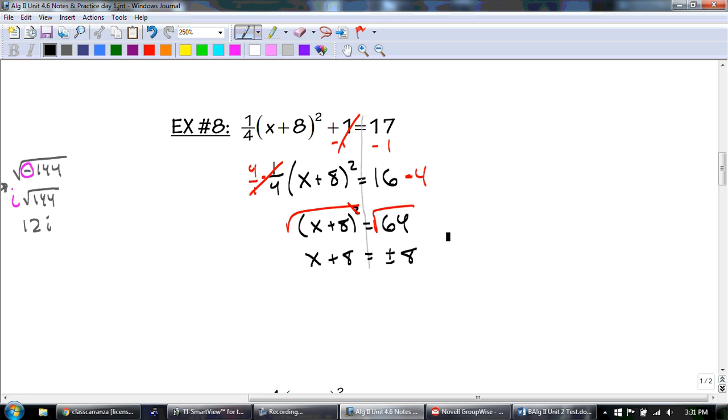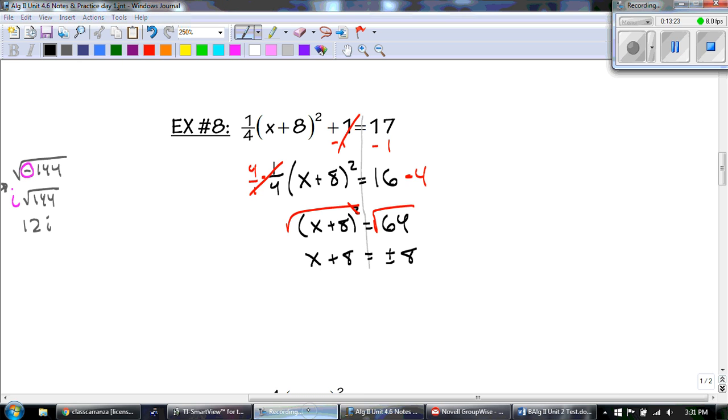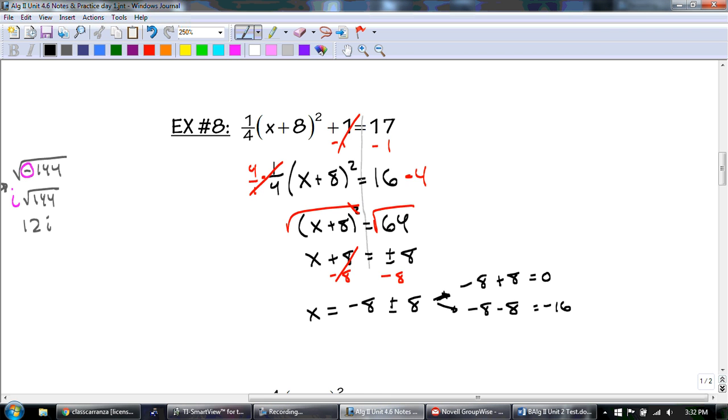And that is 8. Okay, so I want to see if you guys can take it from here and solve it. So go ahead and pause the video and good luck. Okay, so this one we could have actually broken down because it's just 8.